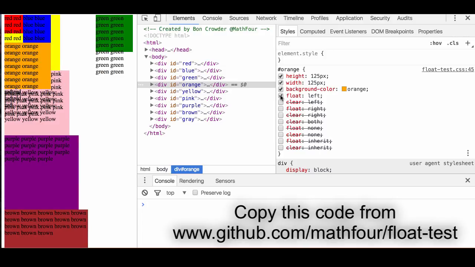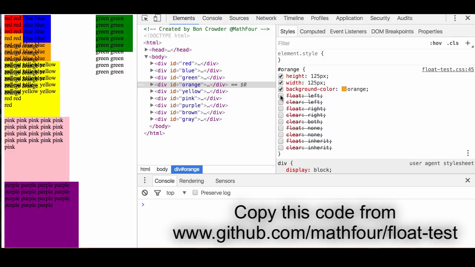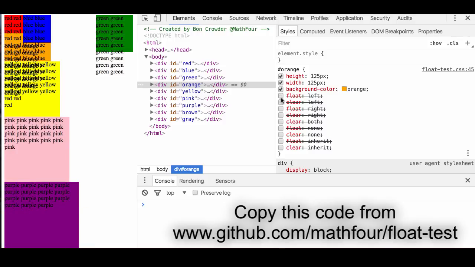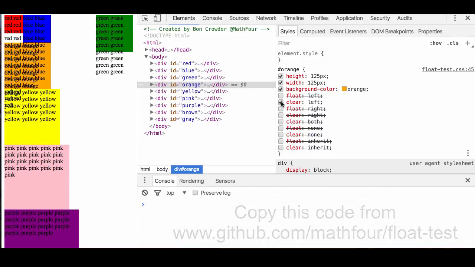So the orange, oh, look, when you float left, he clears the red and the blue, not the green, and he goes to the left, and then everything else bumps up. See how they bump up, bump up, bump up. Now, if I clear left, he should go under the blue, but not under the green. Aha, see that? He goes under the blue.